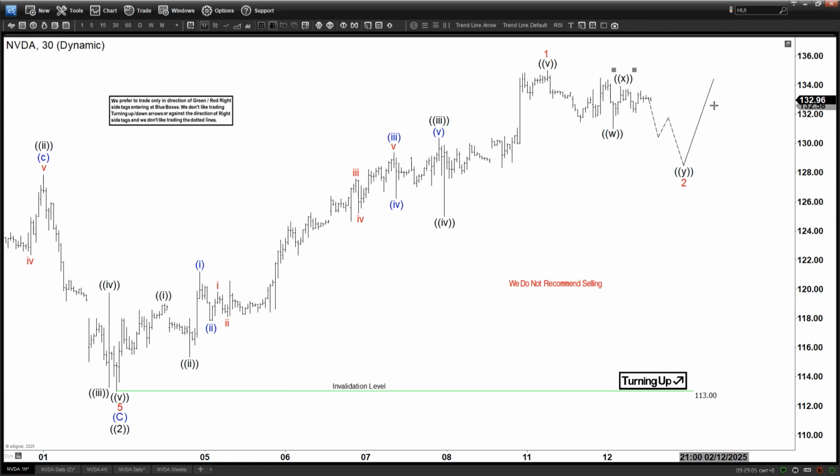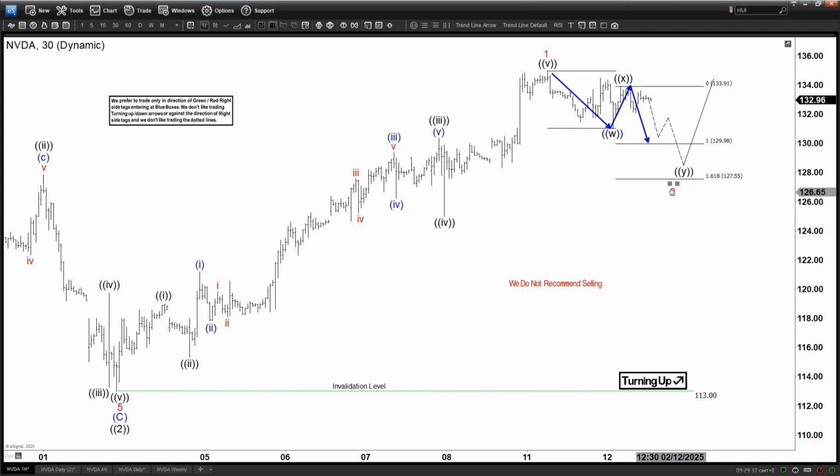Two possible options, but in the shorter cycle it favors the idea of more upside because of the impulsive structure here and the corrective structure here. If we do a 7 swing, if we do get another leg down, because the first leg is a corrective 3 swing, more likely than not we're going to see another support at the next 100% or in the 7 swing area here, WXY, in this area between 129.98 against 127.55. So that's the idea here.